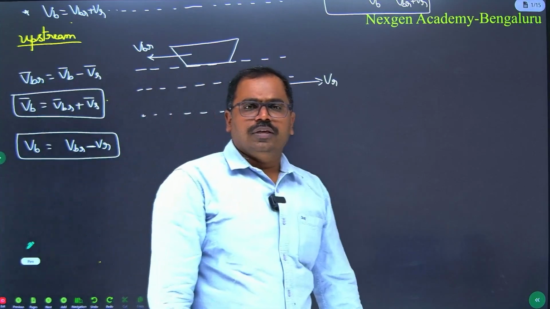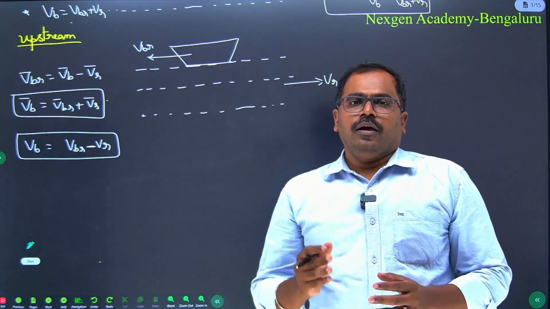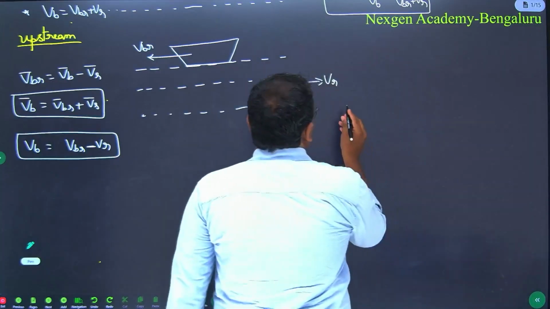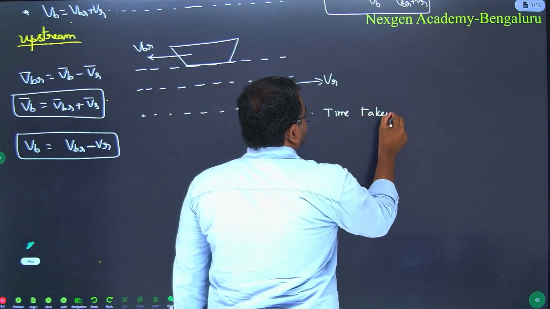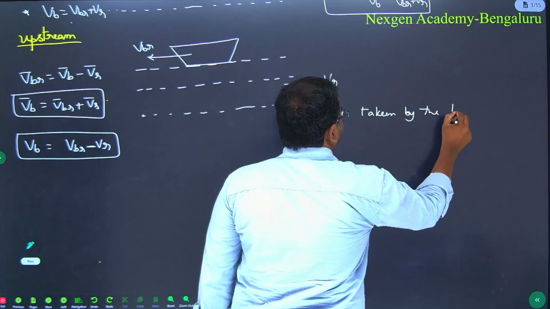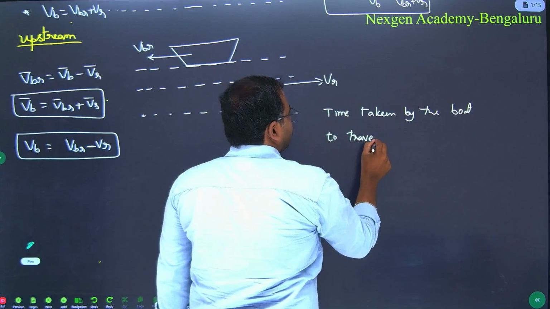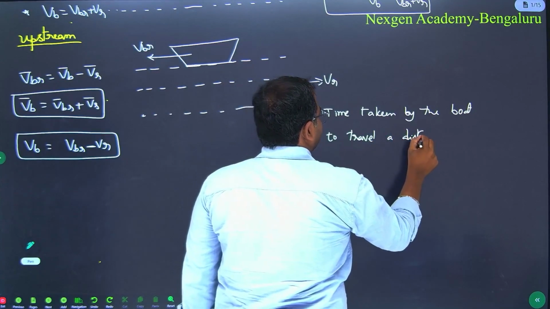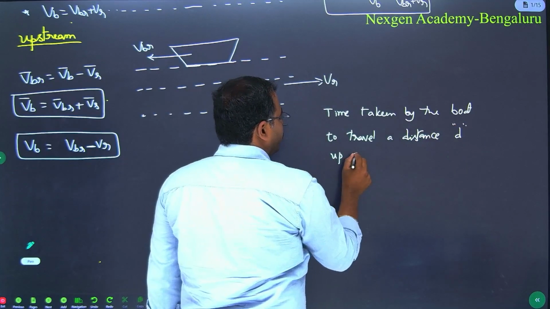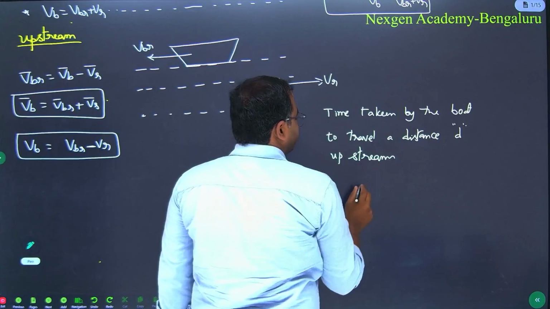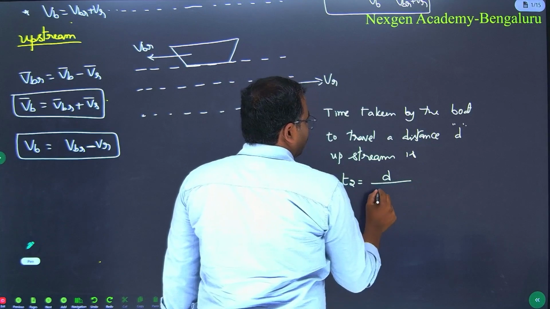Now, if we want to calculate the time taken by the boat to travel a distance D upstream, the time taken is T2, equal to distance by velocity of the boat.